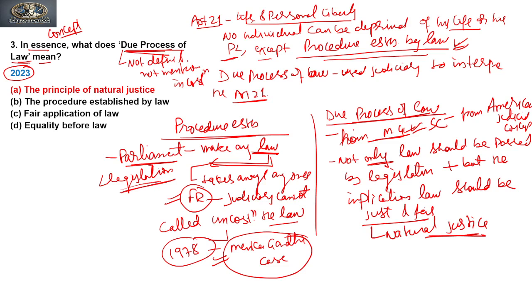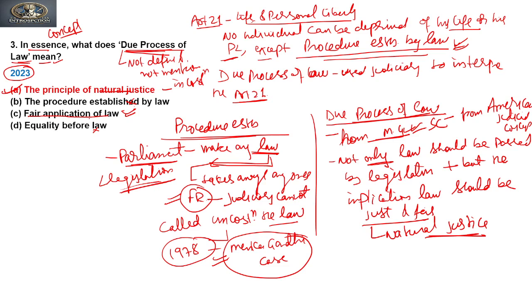Now when we come to the question, it says in essence, what does the due process of law mean? So the first option is principle of natural justice, the procedure established by law. Now this is opposite to the due process. Fair application of law, equality before law. This is also not equality before law. Now the answer is principle of natural justice, but there is a confusion between A and C, and most of the students opted for fair application of law as the correct answer to due process of law.